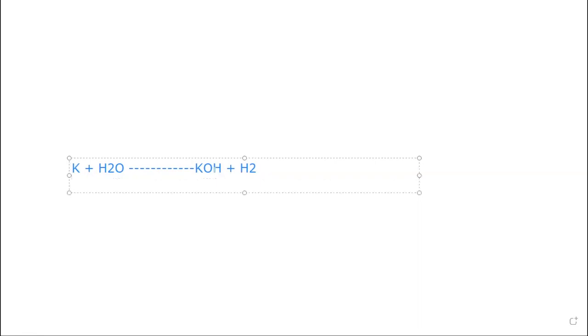Can you write the equation for the reaction of sodium with water? Simple equation. Okay.